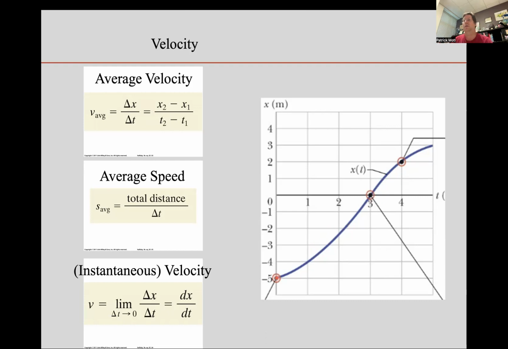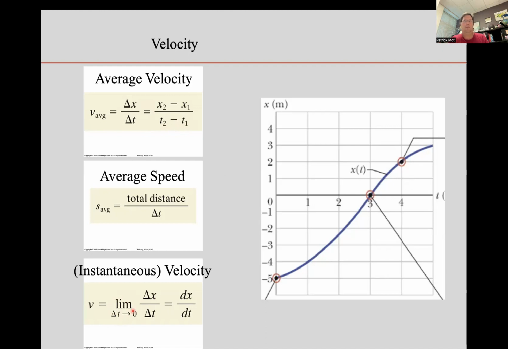Just as the displacement does not capture everything about the motion, this average velocity is not capturing everything about how the particle is moving between those 2 times, t2 and t1. If I want something very precise at any one particular point in time, I can imagine shrinking t2 and t1 so they get closer and closer together. In the limit that the time interval delta t goes to 0, then I have the velocity.